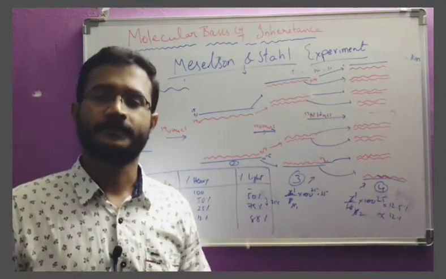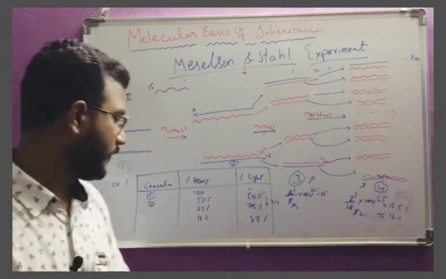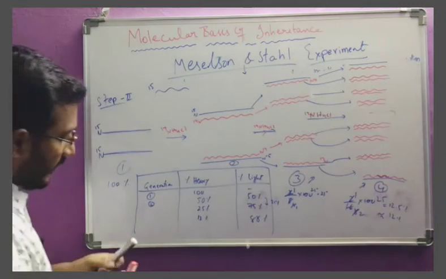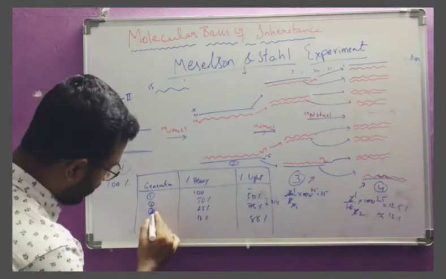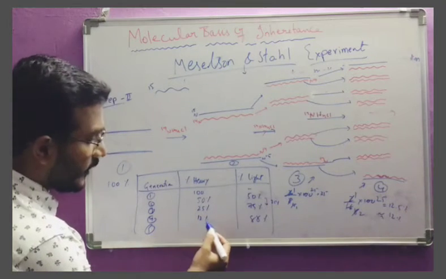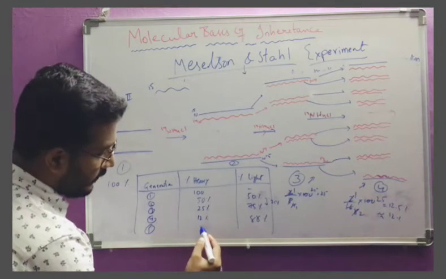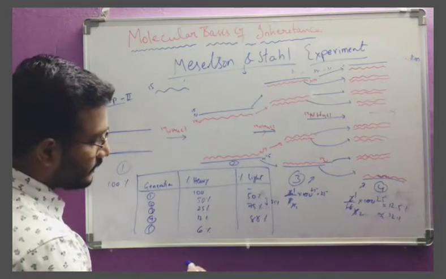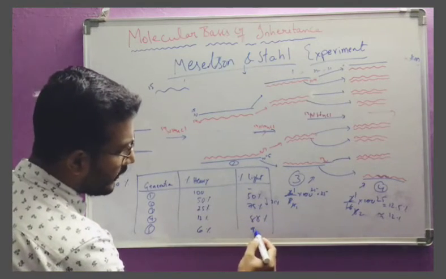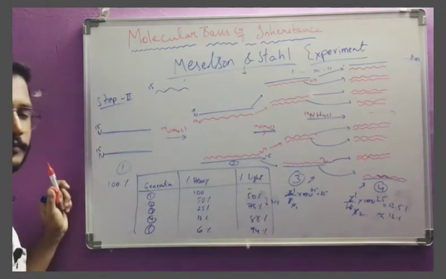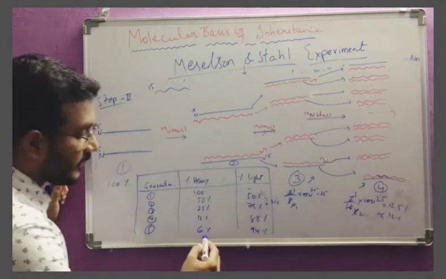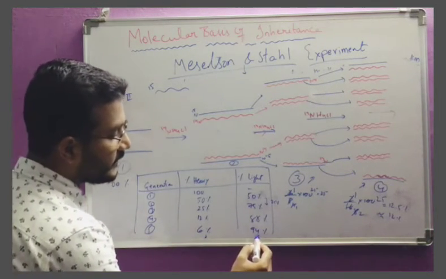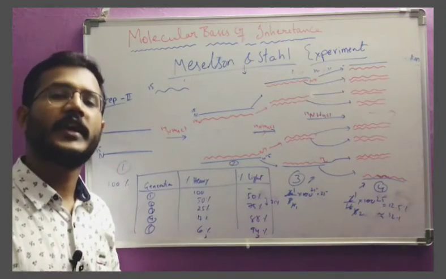And again, for example, this is the third and fourth generations, and in the fifth generation you can decrease it by 50%, so 6% will be the heavy and 94% will be the new, approximately. So you can decrease this by 50% or you can increase this by 50%, anything is the same.